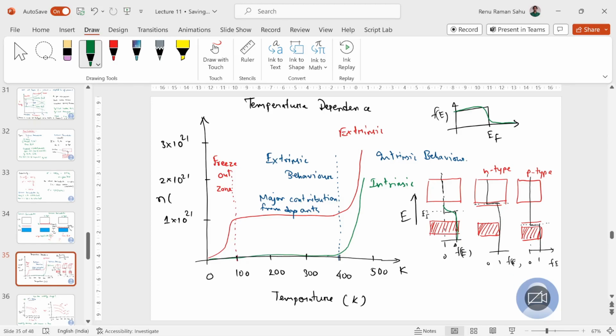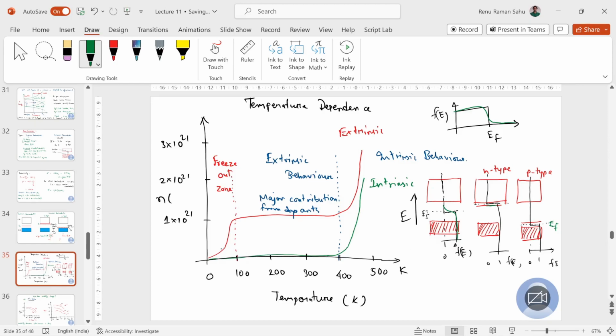So when the temperature is 0, there are no electrons in the conduction band, so this level is occupied with 100%, but the conduction band is not occupied. Similarly here, this is your EF, it is occupied till the valence band, but the next immediate energy level is not occupied when your temperature is 0.